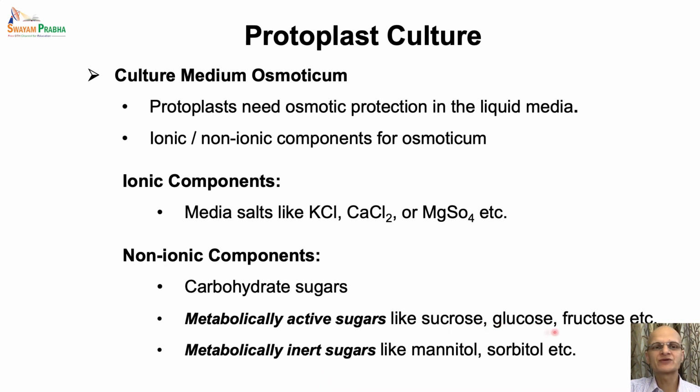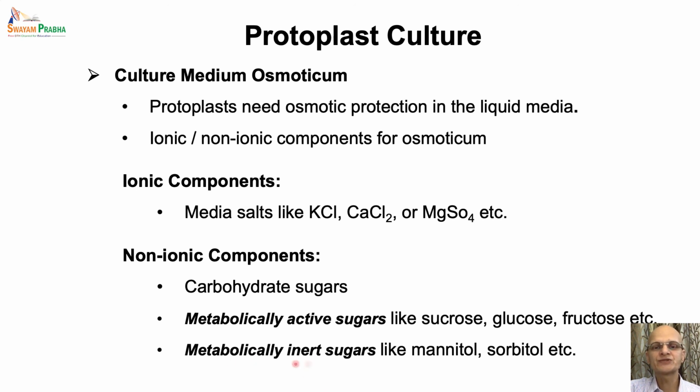Sucrose, fructose or glucose are the metabolically active sugars, whereas mannitol or sorbitol are metabolically inactive sugars. In an actively growing culture, the metabolically active sugars and the inorganic nutrients are continuously used by the growing cells, and therefore the concentration of these components decreases with time, and this may result in a change in the medium osmoticum.